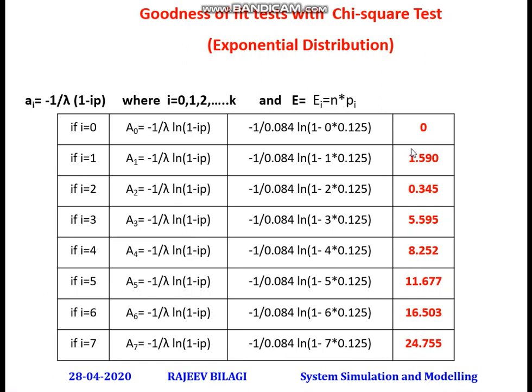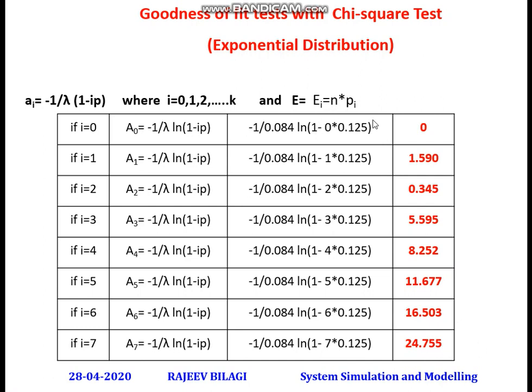Now the class intervals will be like 0 to 1.590, then 1.591 to 3.45, then 3.456 to 5.95. Like this you have to find out. The last value should be 24.756 to infinity.